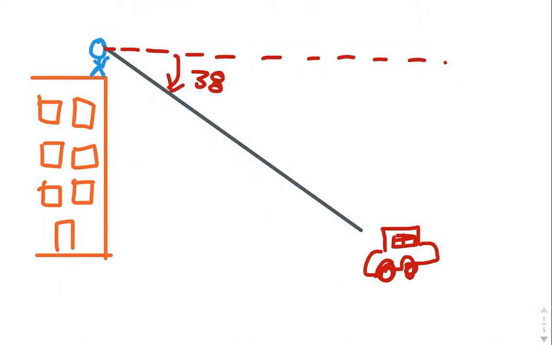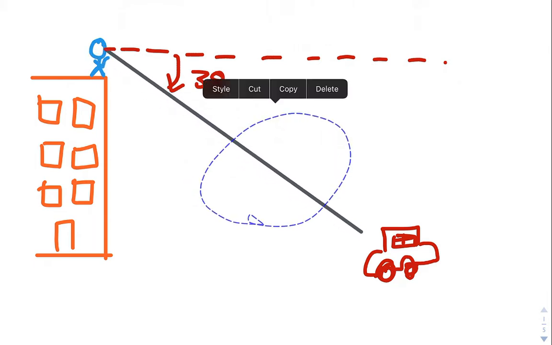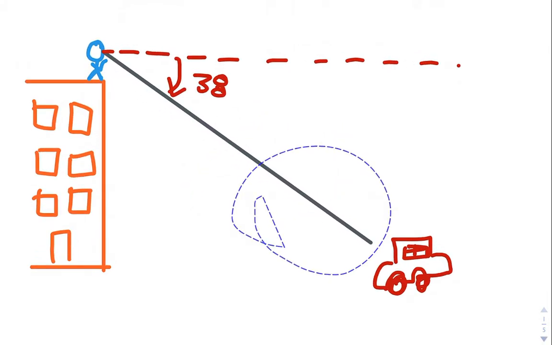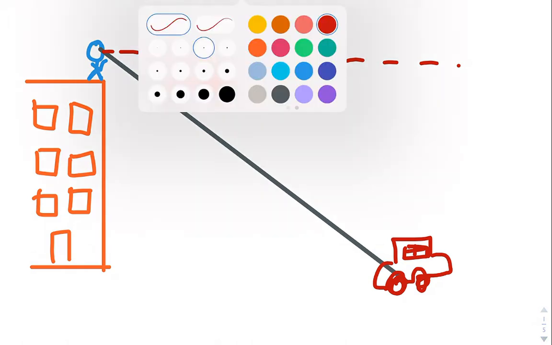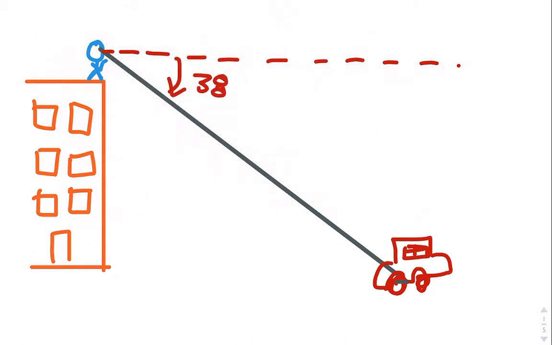If that's 38, then what else do you know to be 38? It should be your angle of elevation. So the angle of elevation, if I drew a line here now, is this angle, and that would be 38. We saw from that PowerPoint that the angle of elevation and angle of depression are both 38.